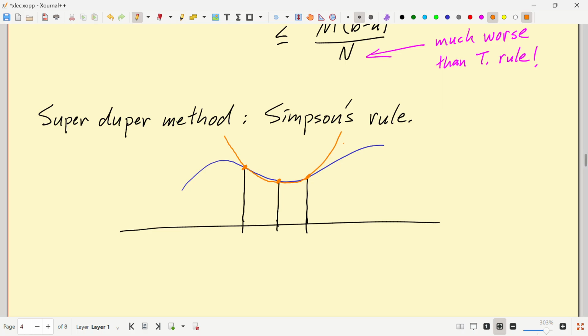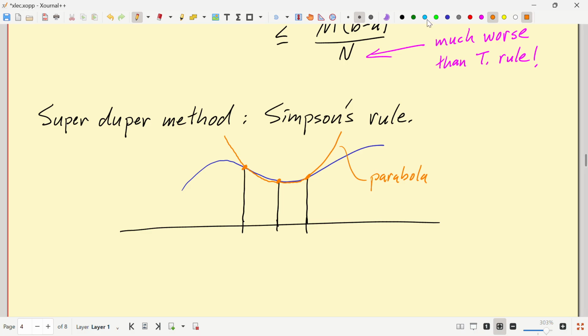So it's a parabola. And you can actually write down an equation for that parabola. And you see that it so well approximates the curve that the error there is that little tiny sliver, the difference between the area under the blue curve and the area under the orange parabola.